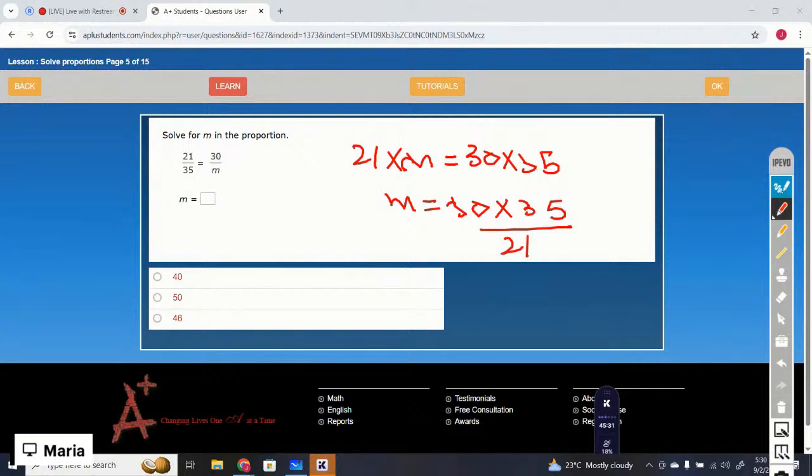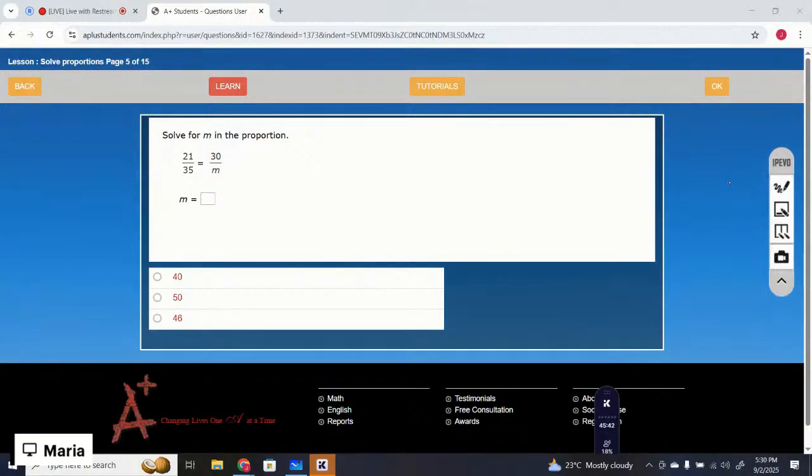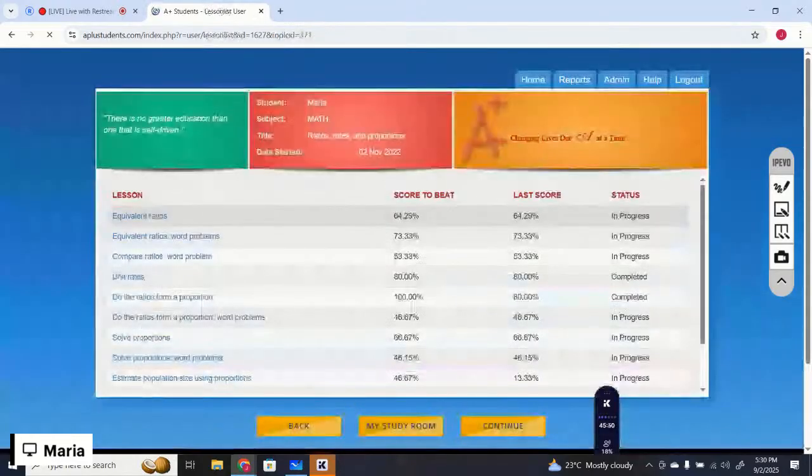So option number 2 is the correct option. M equals 50. Okay, you can complete the lesson by yourself later today. Let me just finish this lesson.